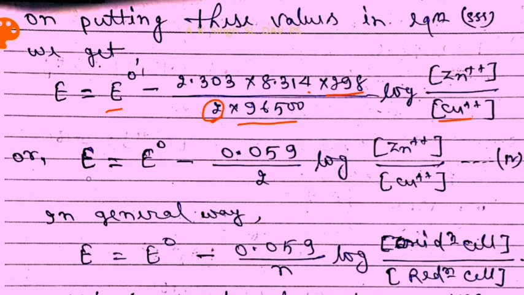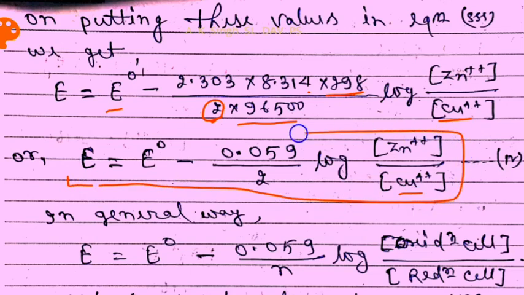So E is equal to E naught minus 0.059 by 2 log concentration of zinc ion by concentration of copper ion. This equation is only for the zinc and copper cell.